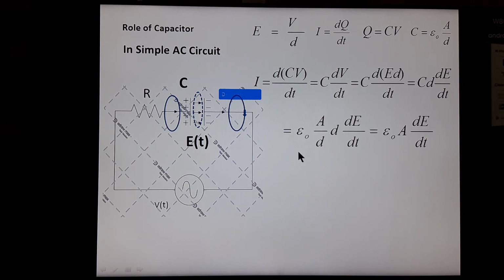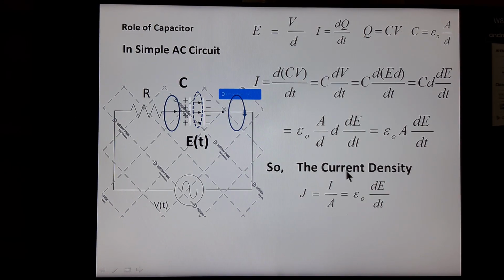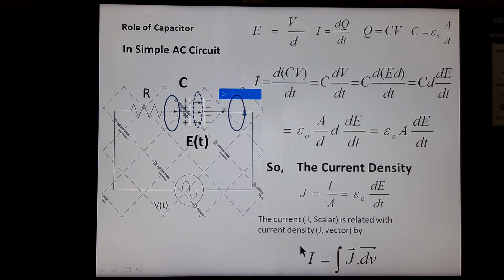Putting in the value of capacitance, we get the current, and then the current density I by A, which is the displacement current in our present case through the capacitor for an AC applied field, that is, the field varying with time. I also mention that the current here is a scalar quantity, but the current density is a vector quantity, related by this expression.